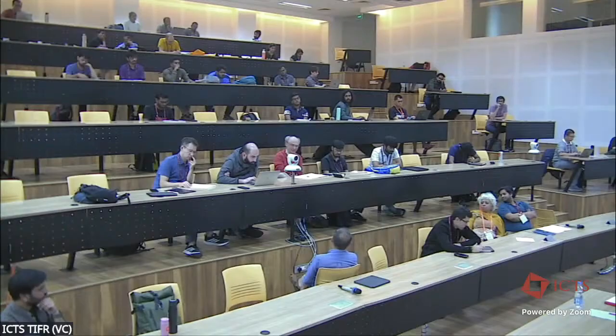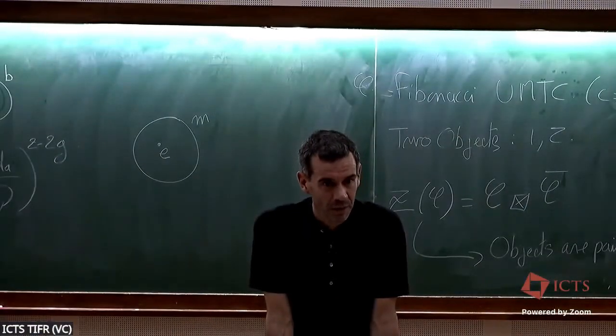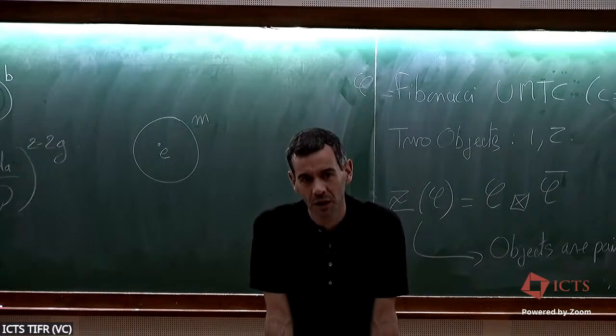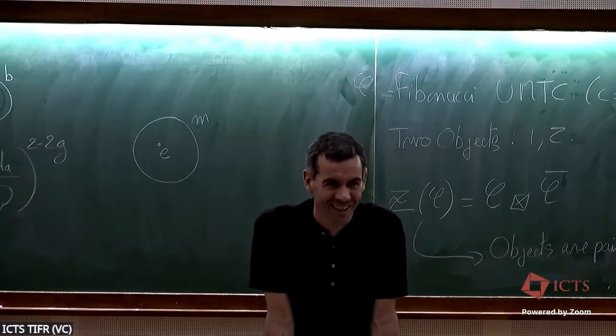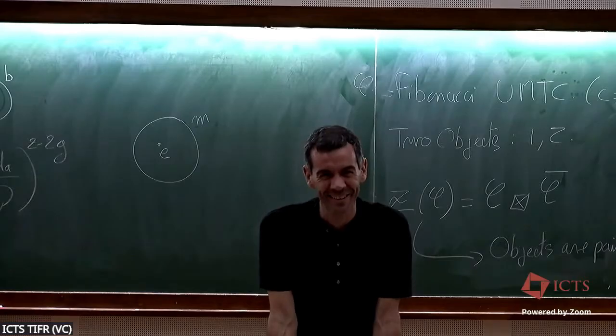I think the answer is yes, actually, Subhro, because if you think about a torus, the ground state degeneracy is just given by the number of objects. So you just ask me if any integer number can be interpreted as a number of anyons. I think the answer is yes.